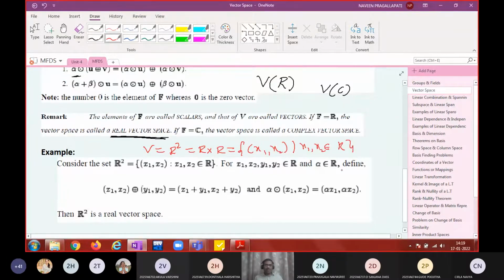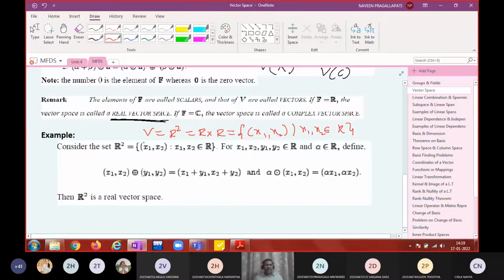So V is a set of ordered pairs, and it is a real vector space. R square is a vector space over the field of real numbers.